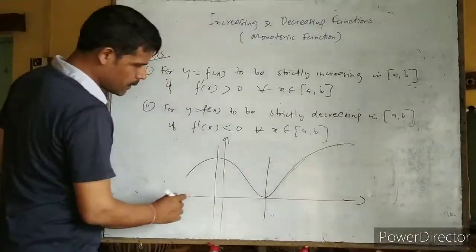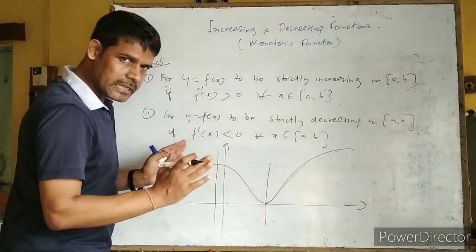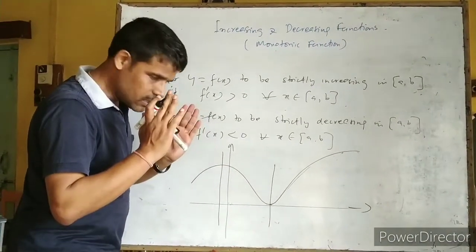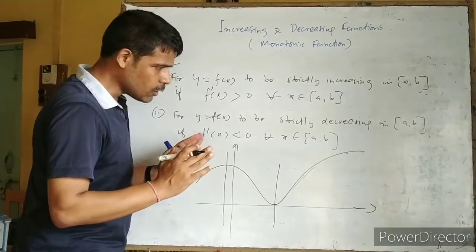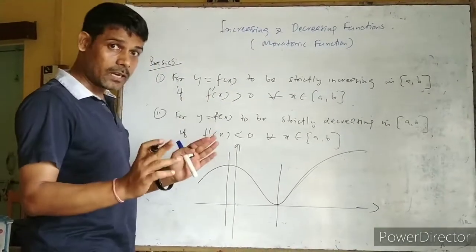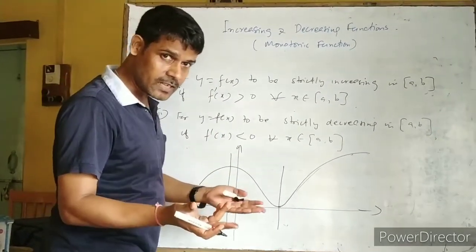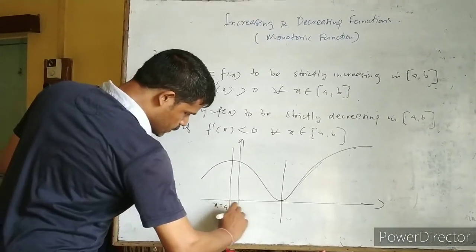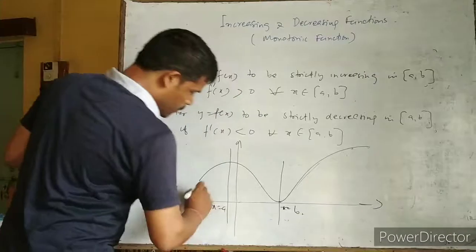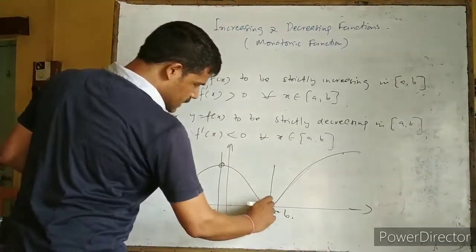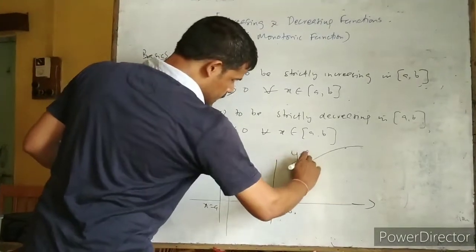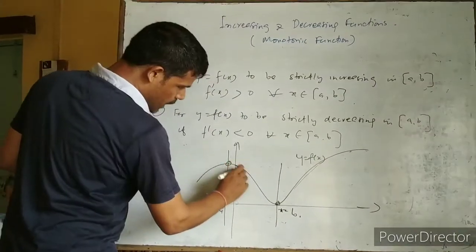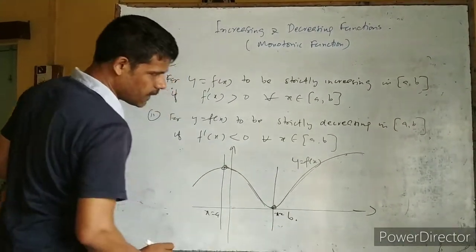Whenever you are talking about decreasing or increasing, it has to be in a particular interval. Once both happen in the interval, we say it is neither increasing nor decreasing. Say this is x equal to a and x equal to b. So if you look at this point, this part is decreasing.